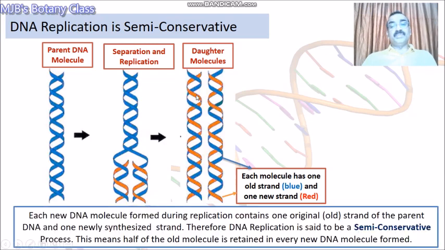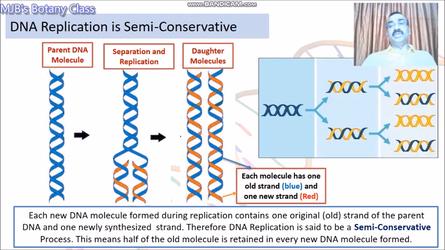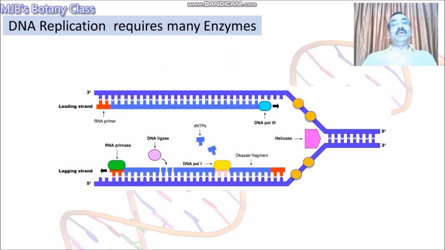Which means 50% of the old DNA is present in the new daughter DNA molecules, or 50% of the old DNA is conserved or retained in the new DNA molecules. So because of this, the replication is called a semi-conservative process.